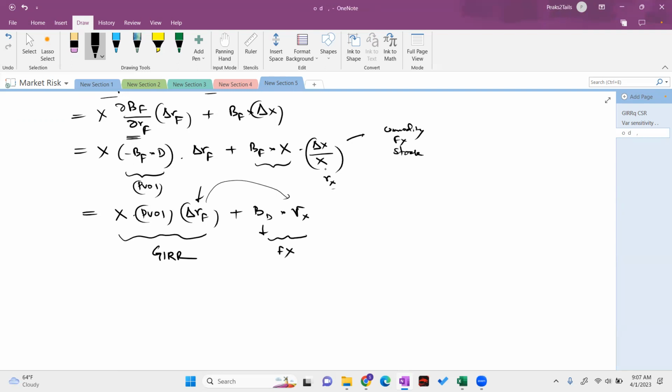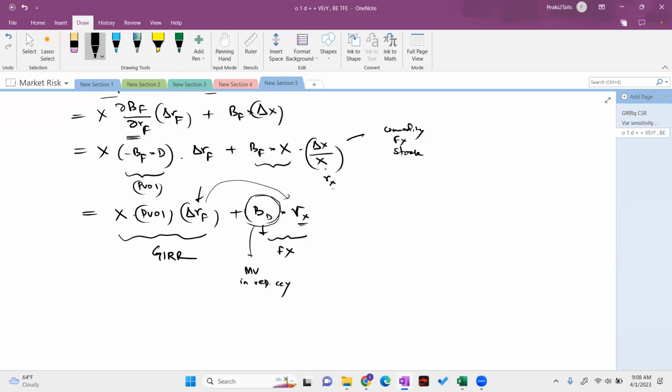And when we discussed FX charge, remember, we said that sensitivity for FX would always be the market value in a reporting currency. That is exactly what we have. Current value of the bond in domestic currency. That becomes the sensitivity for FX capital charge calculation.